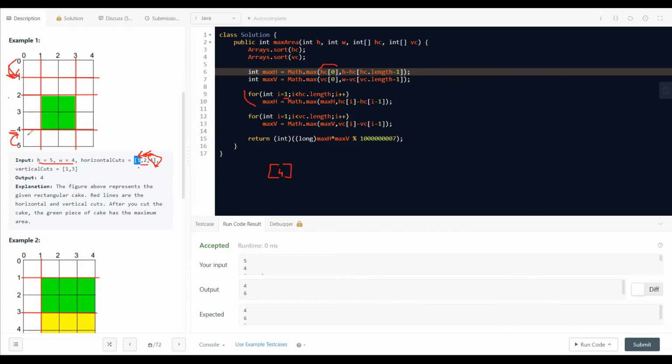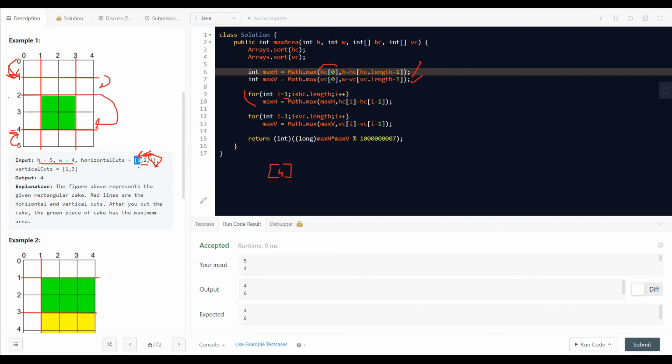So we just figured out the distance between them. These two are the corner cases, because the rest of the distances you can find with a loop running through it. But you cannot figure out the distance between the start and the first cut, and between the last cut and the end of the cake. That's what we are doing using these two things.